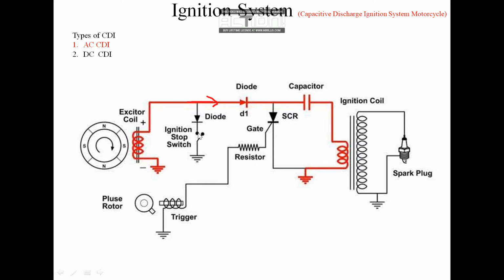Whenever the key or ignition switch is closed, the current won't flow in this direction. It flows directly downward and gets earthed to your vehicle body. Even if your magnet is rotating, or you are applying the kick many times, the current developed in the ignition coil gets earthed.